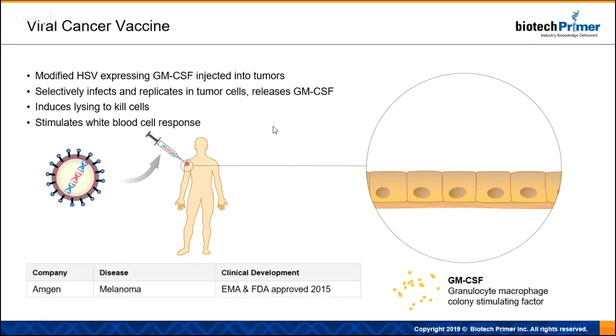This particular oncolytic virus has been approved by both the FDA and the EMA to treat melanoma, and it is now in late phase clinical testing for head and neck cancer. It's a very interesting technology. And again, other companies have these types of oncolytic vaccines in development.